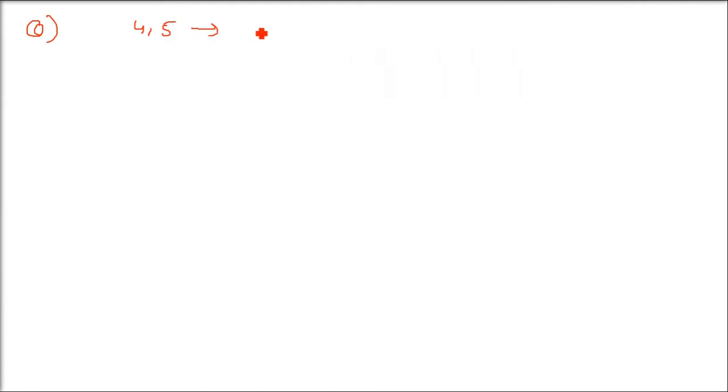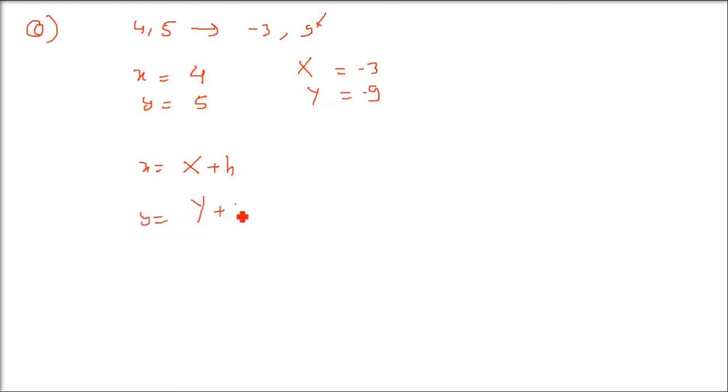So with respect to the original origin the point is 4, 5. With respect to the new origin, it has to be minus 3 and 9. We already have the formula we just saw: small x equals capital X plus h, and small y equals capital Y plus k.